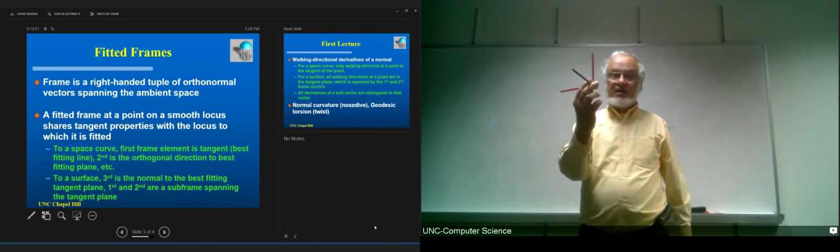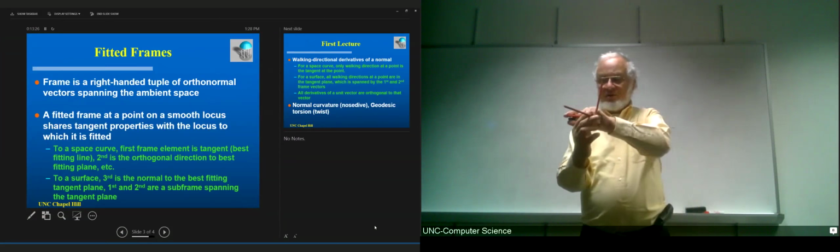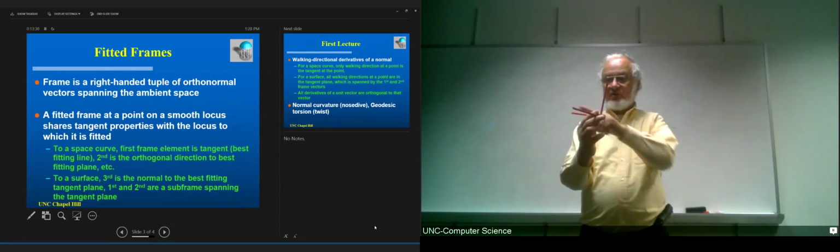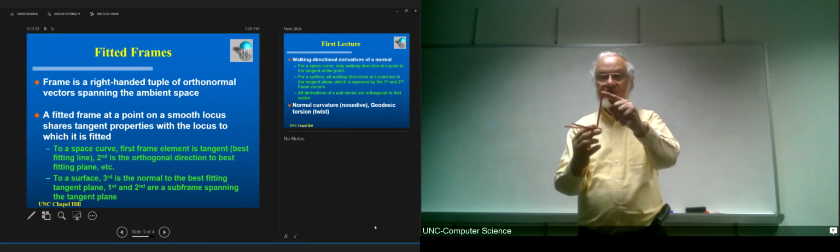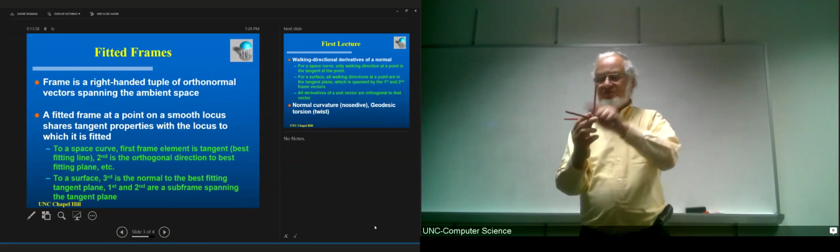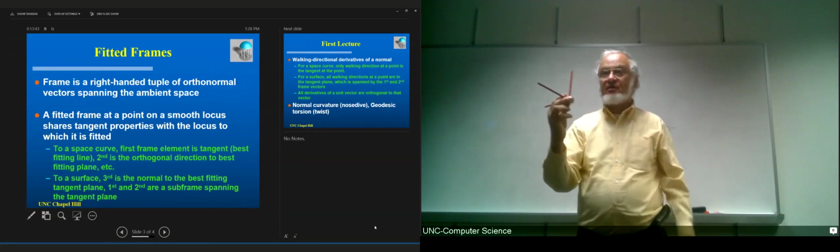It's a right-handed coordinate system. Each one of these frame elements is a unit vector. That's what orthonormal means: each is orthogonal to the others, and each is a unit vector.